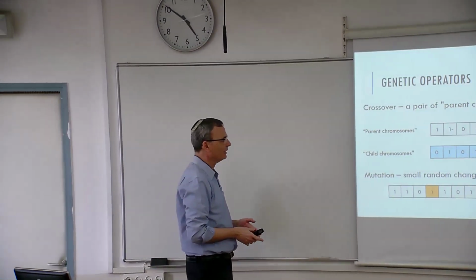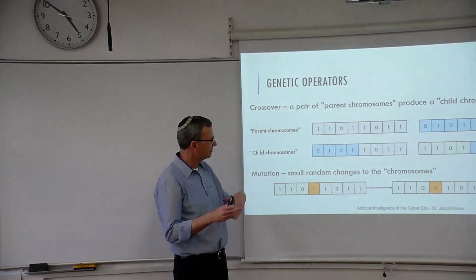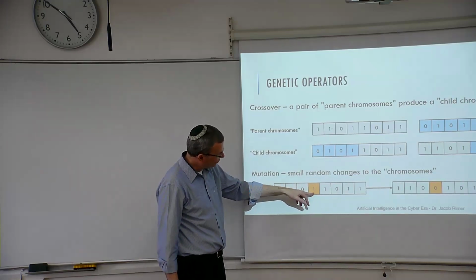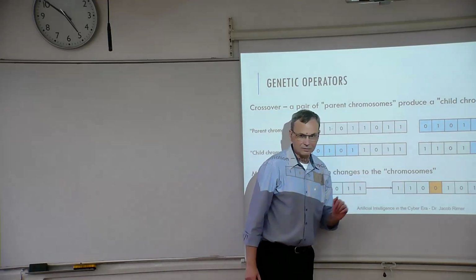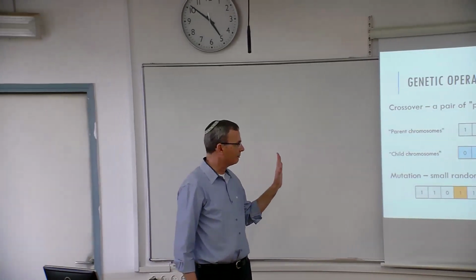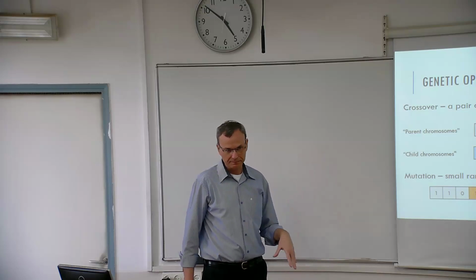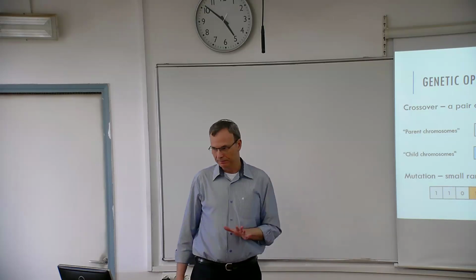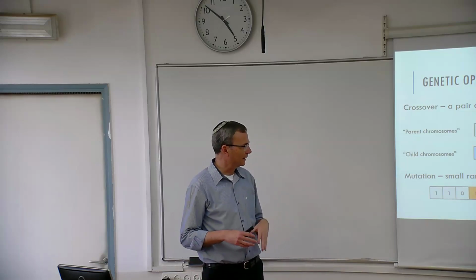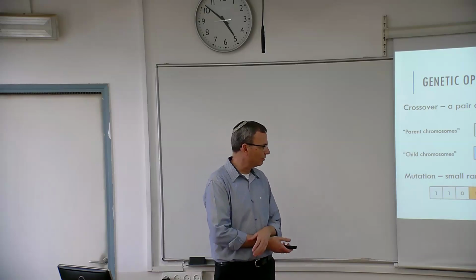And also I have mutation. I take the chromosome and decide that with some chance, I'm going to replace this 1 with 0. This is a mutation. So these are my genetic operators: crossover and mutation. So I have parents, I can breed them, I can cross them over, and I can apply some kind of rate of mutation.